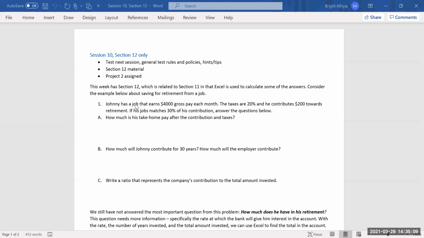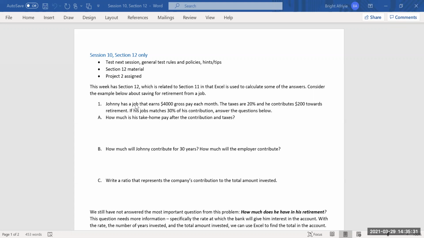First, how much is his take-home pay after the contribution and taxes? The key thing you need to know to solve this problem is that 401k contributions are deducted before taxes are applied.